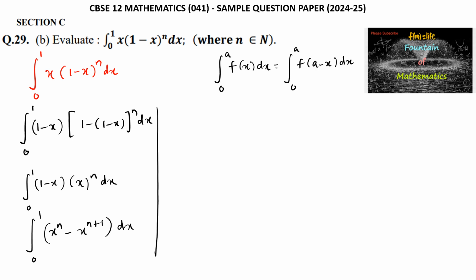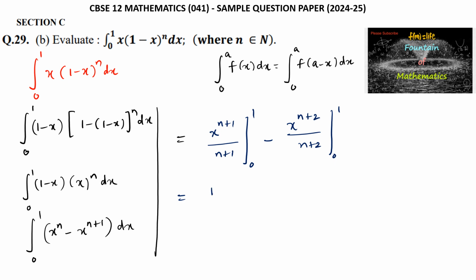Now integrating, we'll get x to the power of n plus 1 upon n plus 1 over the limits 0 to 1, minus x to the power of n plus 2 divided by n plus 2 over the limits 0 to 1. So the upper limit is 1, so 1 to the power of n plus 1.